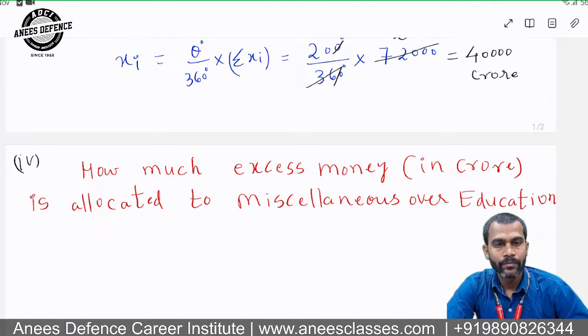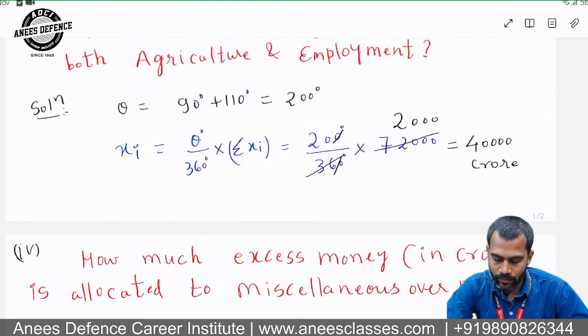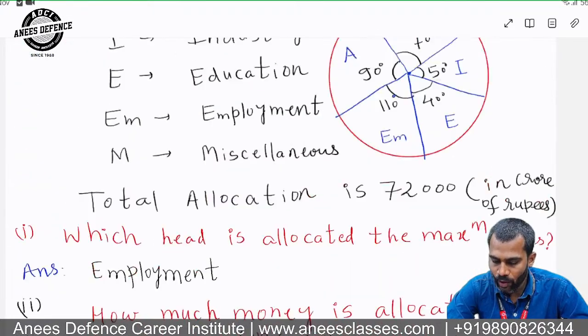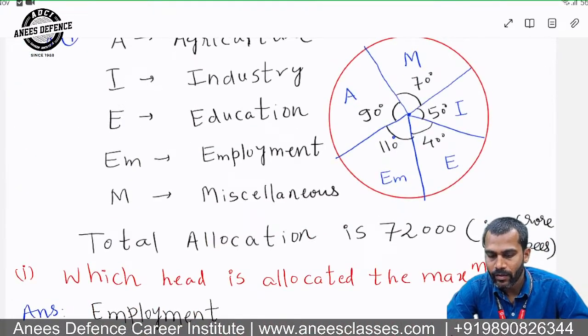So this is the diagram. You need to find out how much more money is allocated to miscellaneous over education. So the difference of the angle you need to find out, and then apply the same formula. What is the angle corresponding to miscellaneous? 70 degree. And what about education? 40 degree.